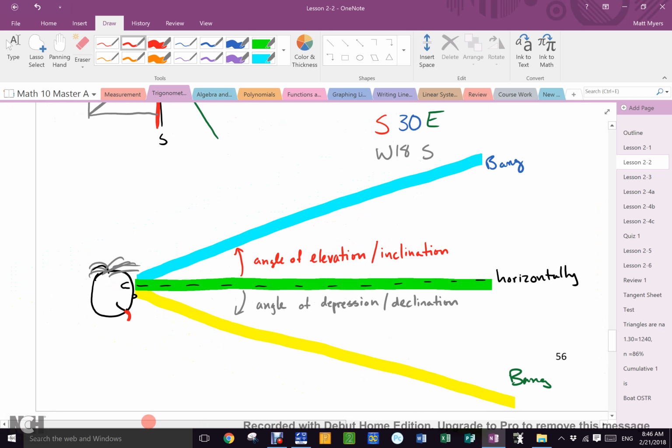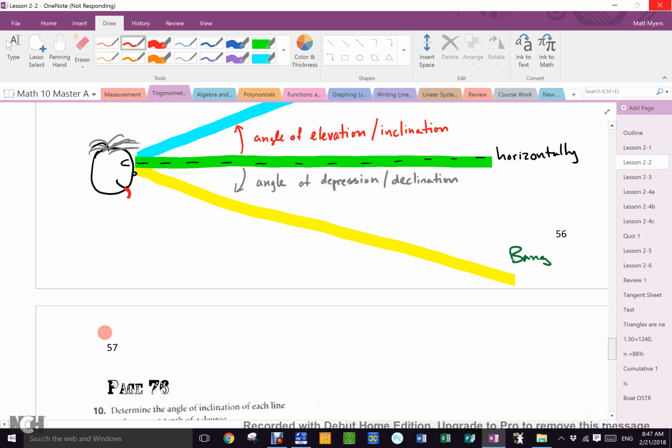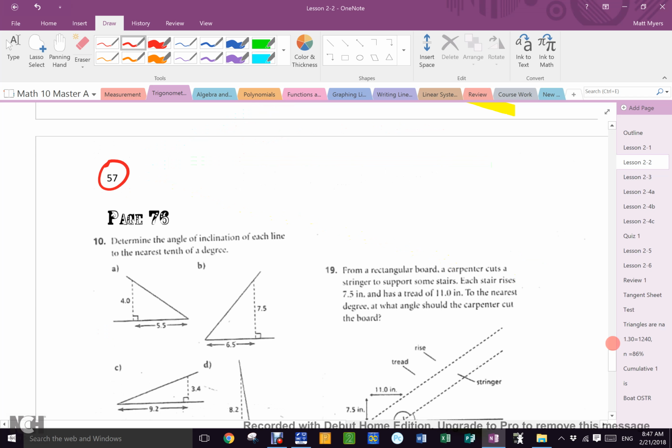So, you are going to work on page 57 of your book, which is called page 76 because it goes along with your outline. And you will notice that at the bottom of the page, the answers are there, so you can check and make sure that you're doing it right.